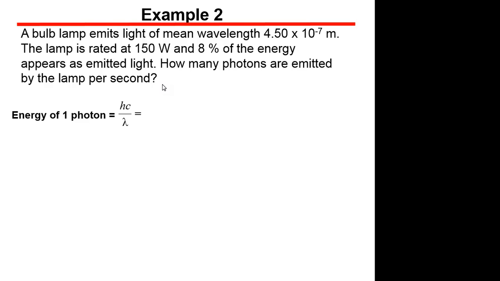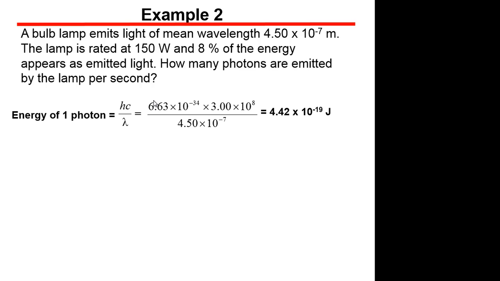The velocity of light is a constant, the speed of light c, and lambda is the wavelength of light. So hf becomes hc over lambda. Substitute in, this is easy mathematics. Punch the calculator and you get your answer. This is the energy of one photon.